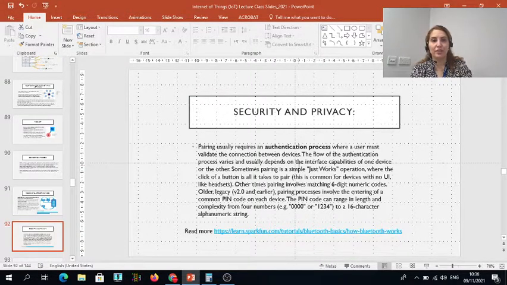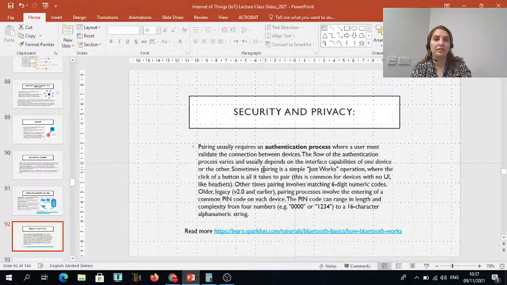Pairing usually requires an authentication process where a user must validate the connection between devices. The flow of the authentication process varies and usually depends on the interface capabilities, sorry for my bad English, of one device or other.